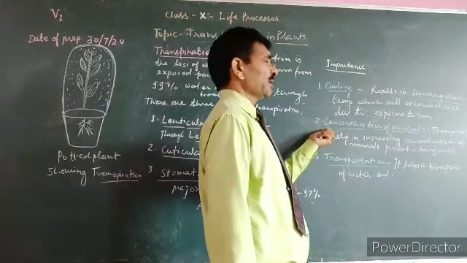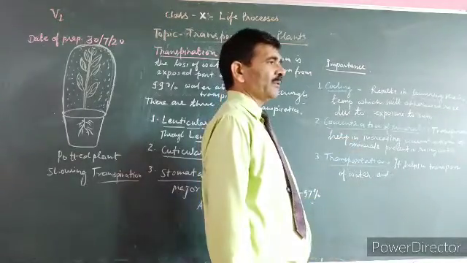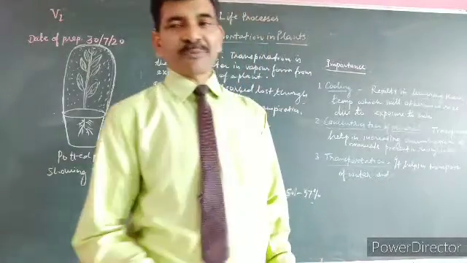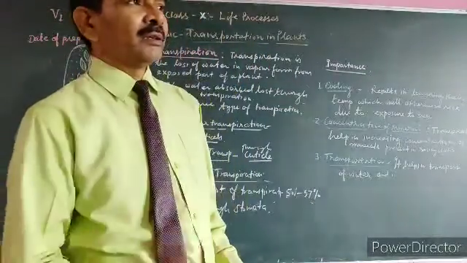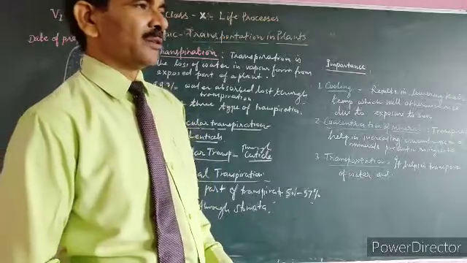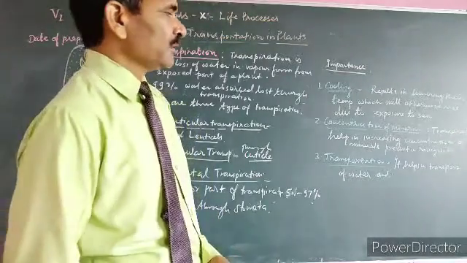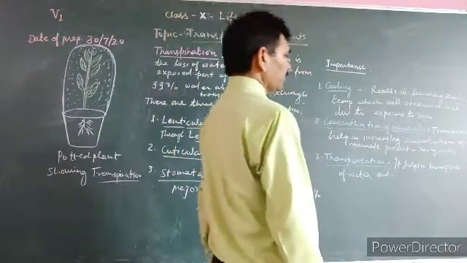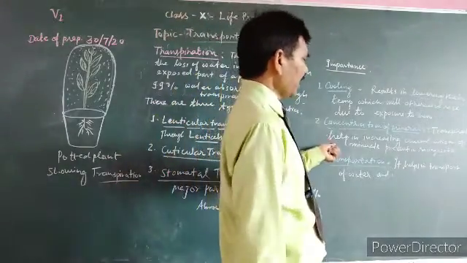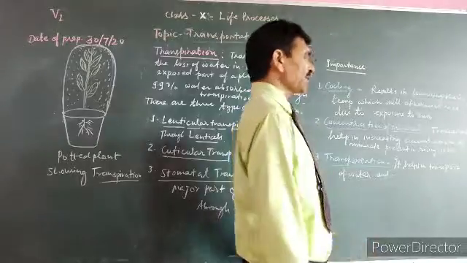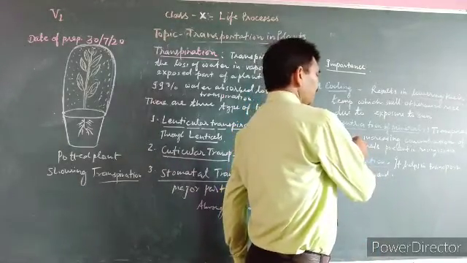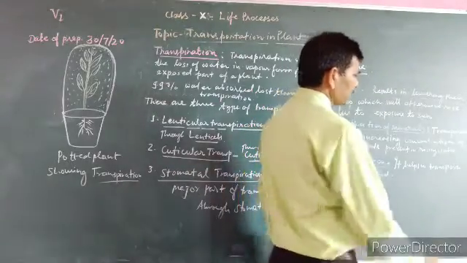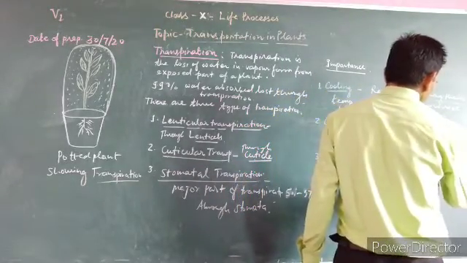Next one is concentration of minerals. Minerals are transported from root to the exposed part of the plant along with water. So transpiration helps in increasing the concentration of minerals present in rising water.